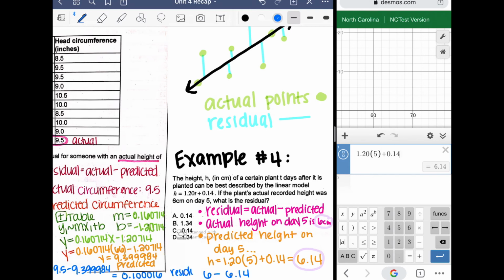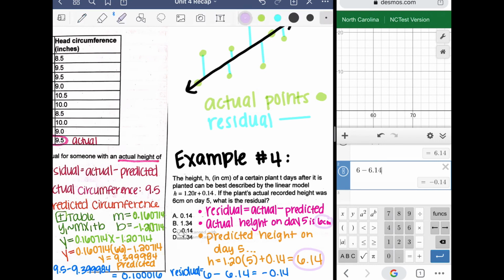So this is the residual. The residual is equal to 6 minus 6.14, and that is negative 0.14. So this means that this plant was 0.14 centimeters less than what it was predicted to be.